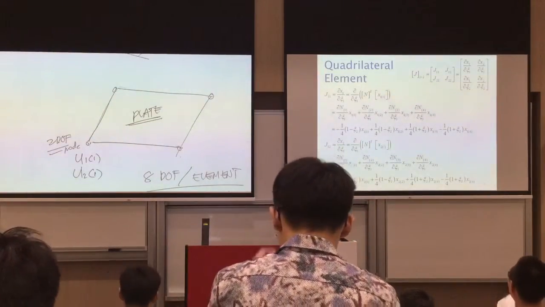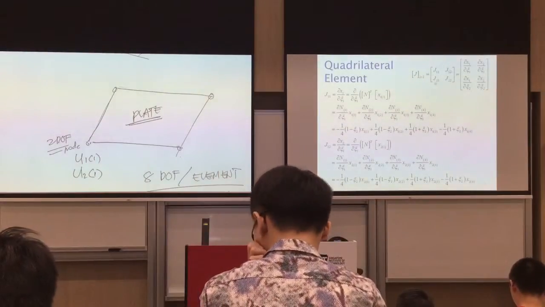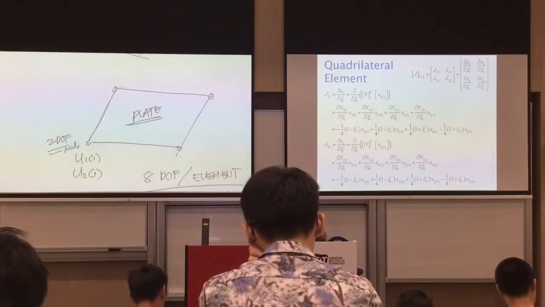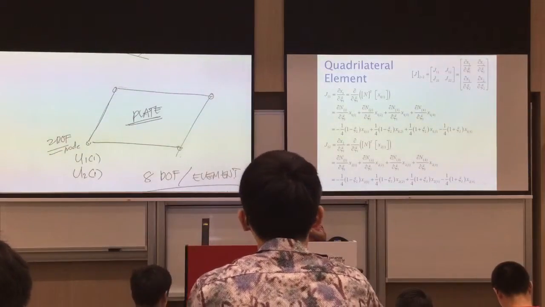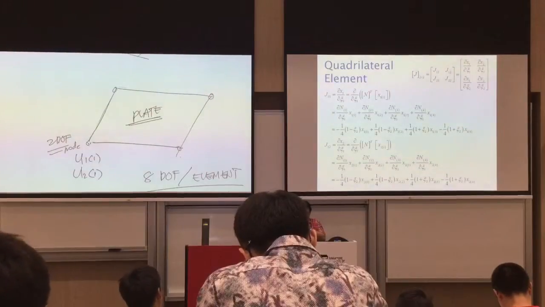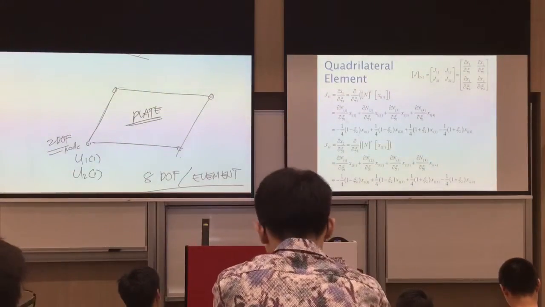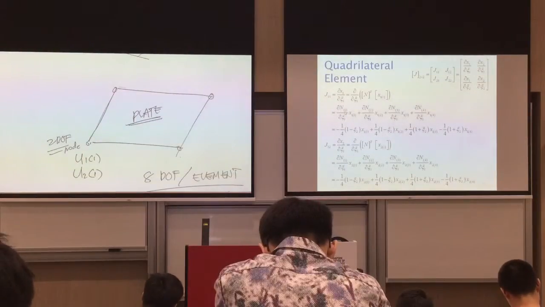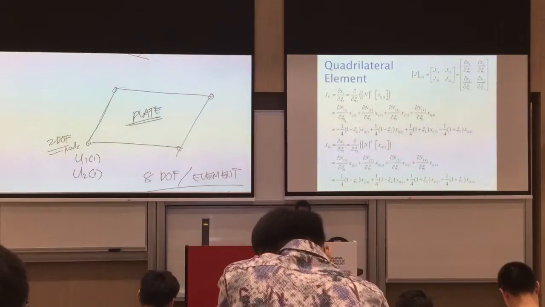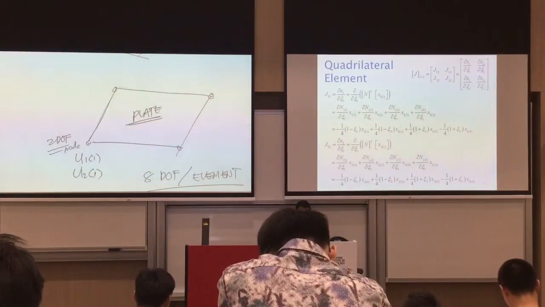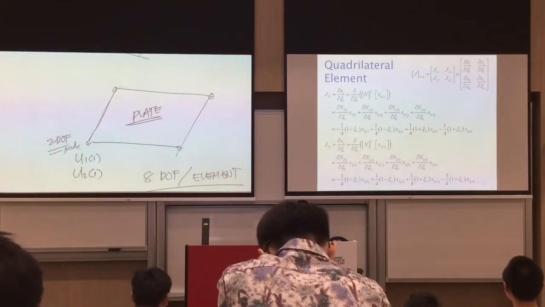The Jacobian, J11, J12, J21, J22, is given by this equation, the partial derivative of x with respect to C1, which is already given here. Because your shape function is fixed, you can take the derivative of that shape function with respect to C, and then put in your coordinates.